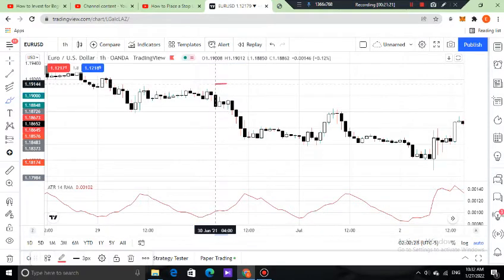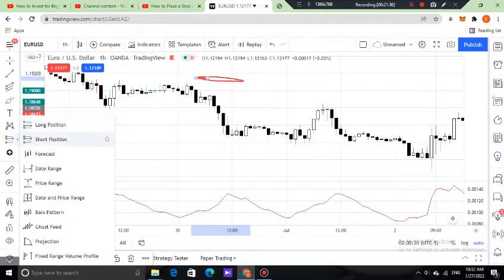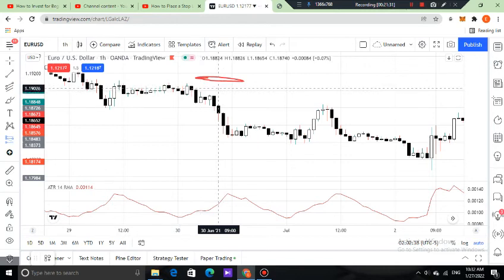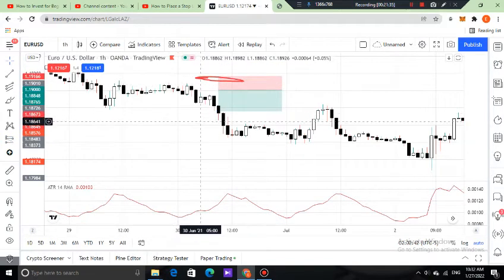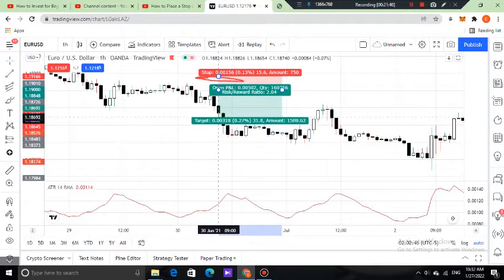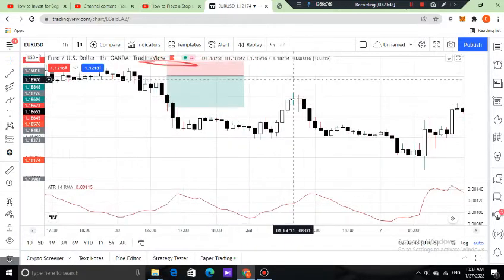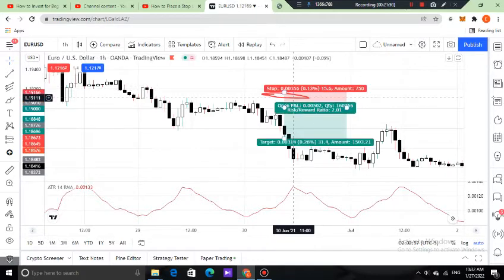Your stop is ATR size. If you enter the position here, you put your stop above this, and you take profit. You can consider two times the stop loss.